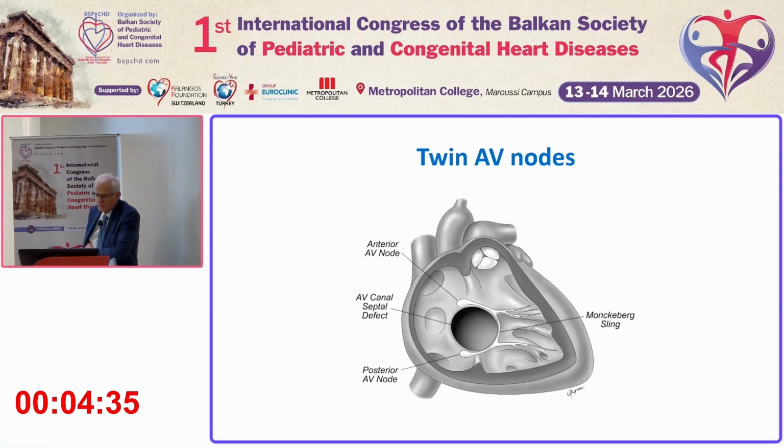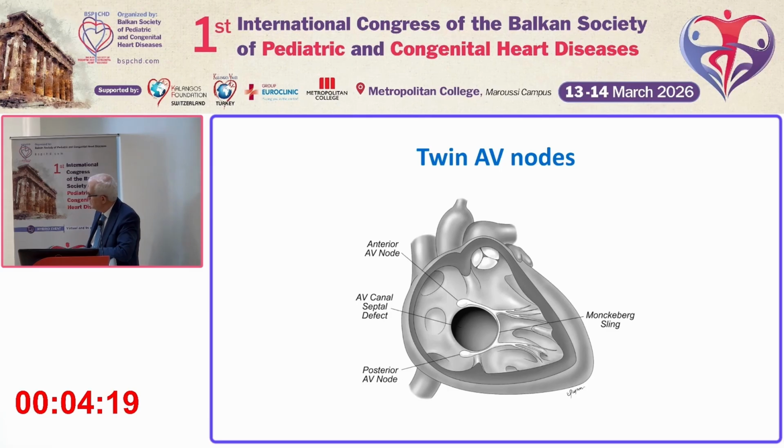And another unusual type of arrhythmia is caused by the presence of twin AV nodes. Patients who have atrial isomerism, especially of the right type, may have two AV nodes.